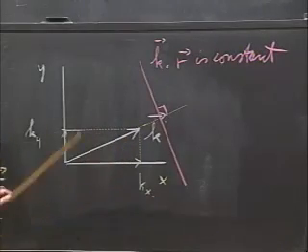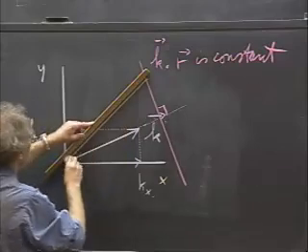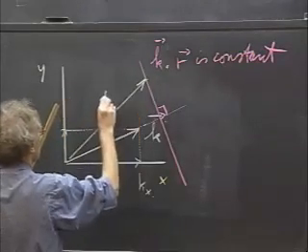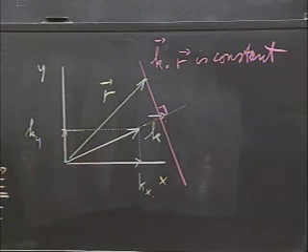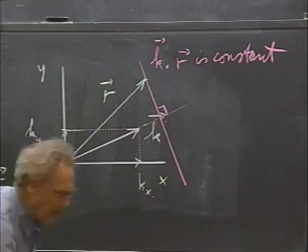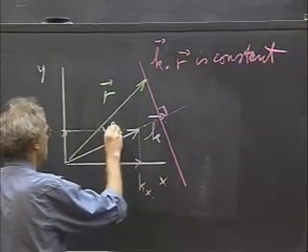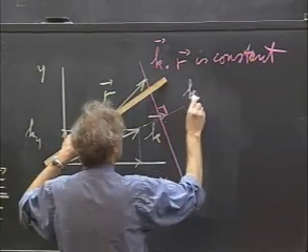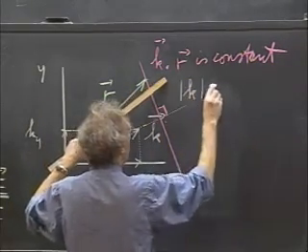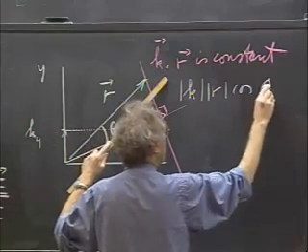You can see that immediately. If this is my vector r, which is the position vector in space given by the relation that you see there, then this angle here between k and r, I call that theta. Then k dot r is a scalar, is the magnitude of k times the magnitude of r times the cosine of theta.